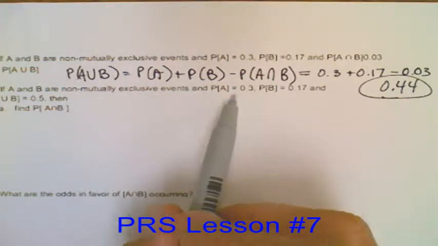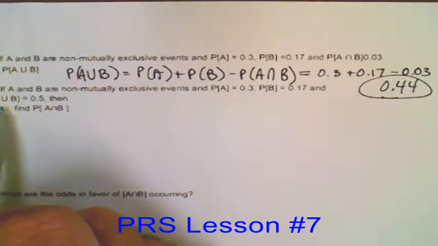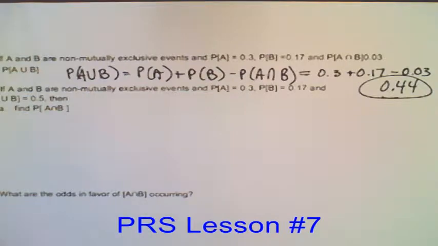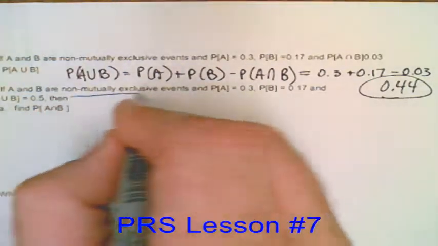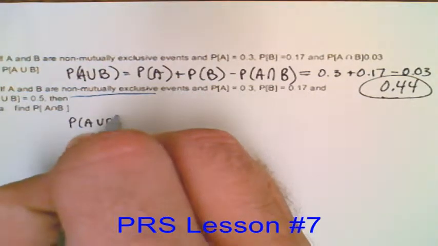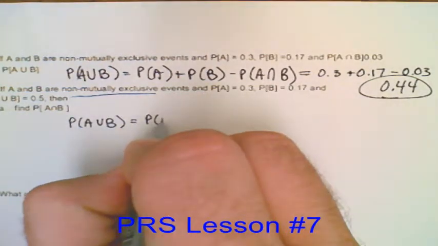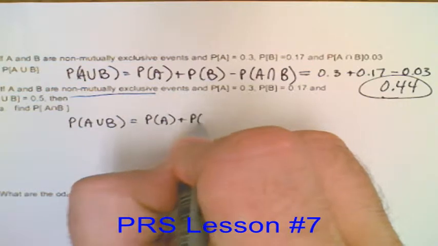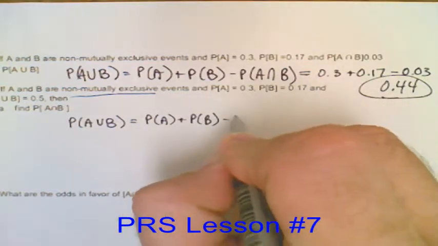The probability of A is 0.3. The probability of B is 0.17. The probability of both of them is 0.03. And I worked that out. That's going to be 0.44. So the probability of A or B occurring is 0.44.